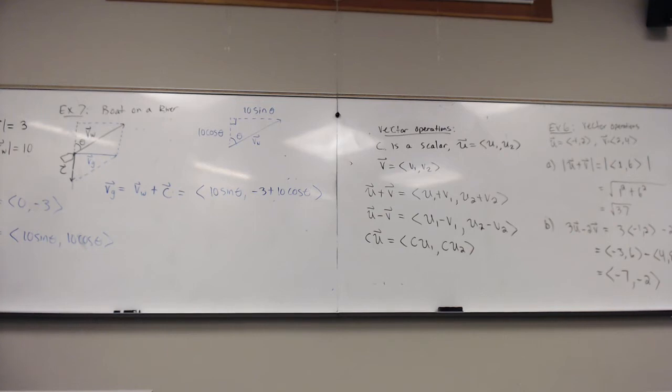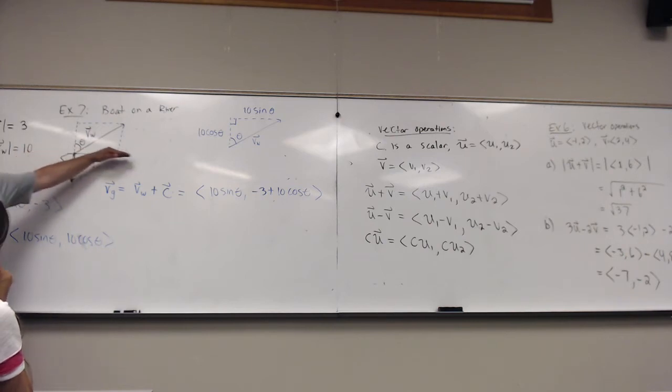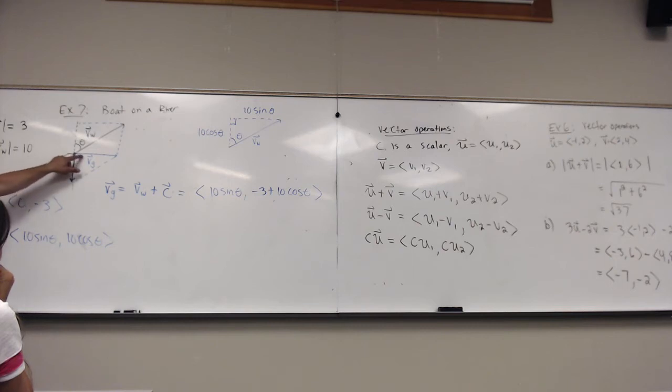Now, what was the condition? We wanted to find this angle theta so that the resulting direction was perpendicular to the current. So one of those two components would have to be 0, right? At the end, the result is going to be going straight horizontal. So what would that mean about the vertical component? So look at this vector VG, it's going horizontal.